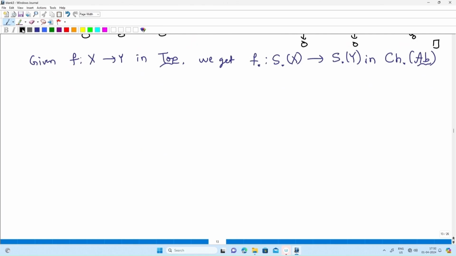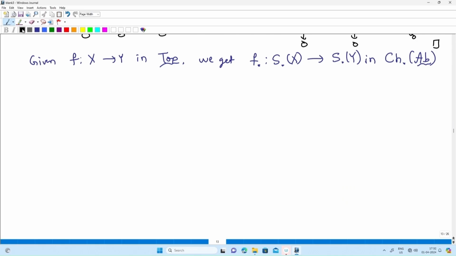What is S dot? That's the singular complex. If you don't know, then if you are given a simplicial complex, it is very easy to understand. That's the simplicial homology I'm talking about. You take the abelian group at the nth level, the abelian group generated by all the n simplices, and then the boundary and face maps give you these maps between the corresponding abelian groups.